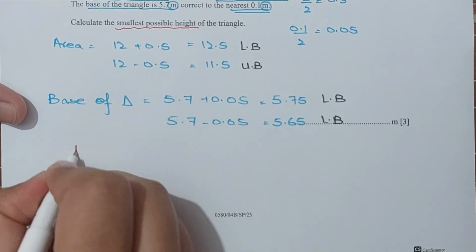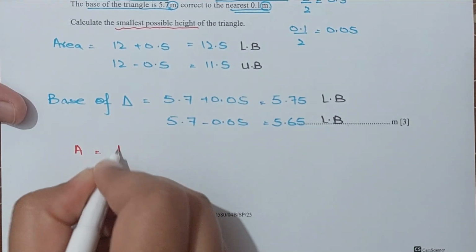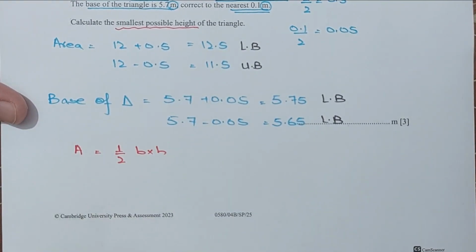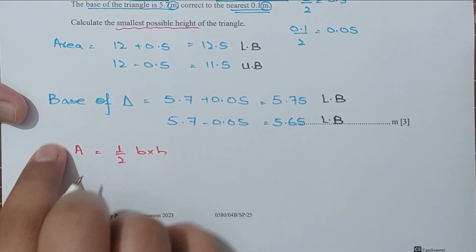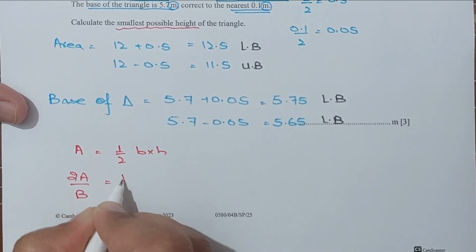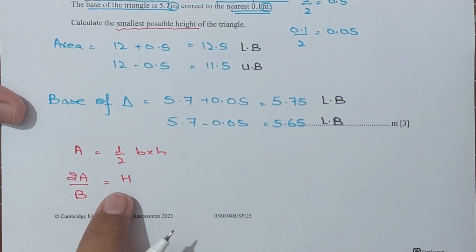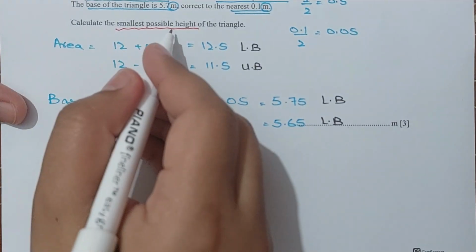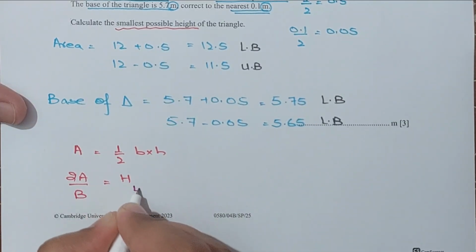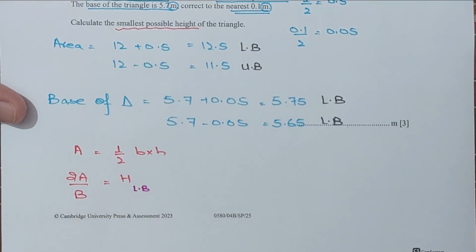Okay, so as we know, the area of a triangle is half base times height. We have to solve for height. To solve for height, you cross multiply: 2 times area divided by base. This is my height. For the smallest possible height, we have to find the lower bound of the height, right?